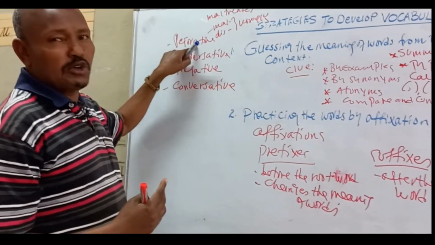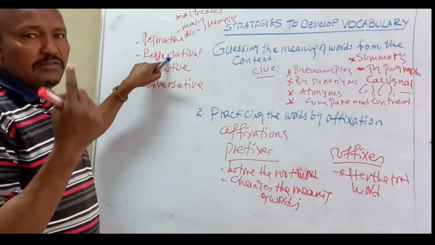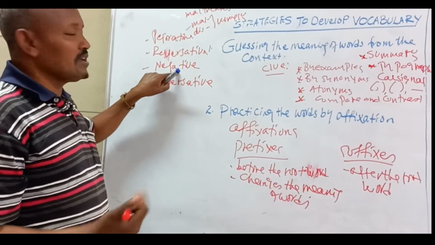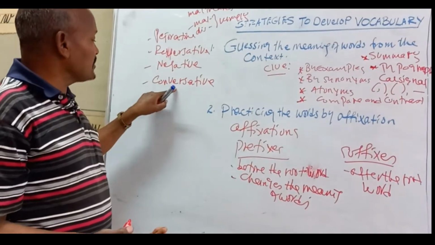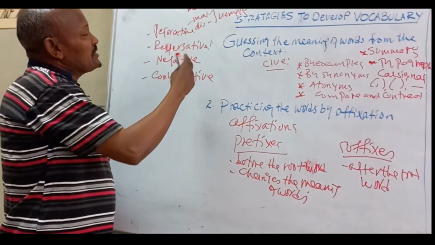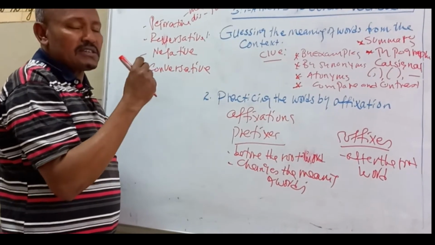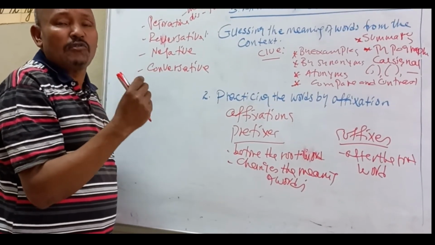So we can say these kinds of prefixes are pejorative prefixes. And the others: reversative, the reverse of the positive meaning; negative, which has negative meaning; and conversative, the converse of the positive meaning. These types of prefixes are very important for understanding the meaning of words.